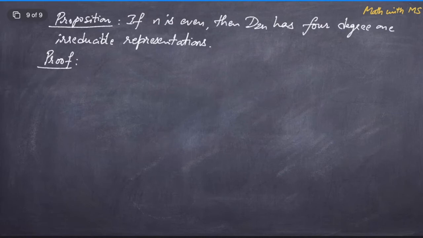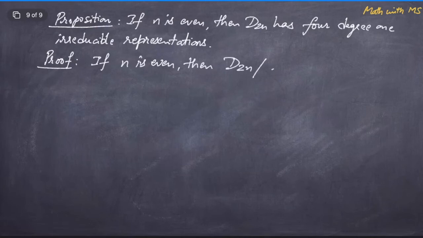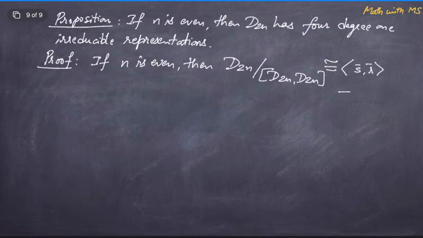So the proof is basically I will write down the representations explicitly. If n is even, then we know that the abelianization, D2N mod the commutator subgroup of D2N, is isomorphic to the subgroup generated by the cosets of S bar and R bar, and it is isomorphic to Z mod 2Z times Z mod 2Z.